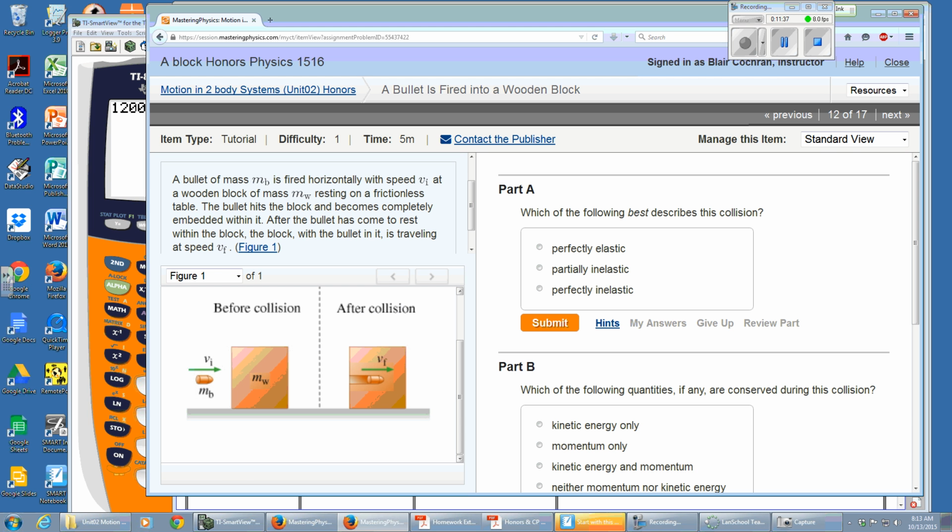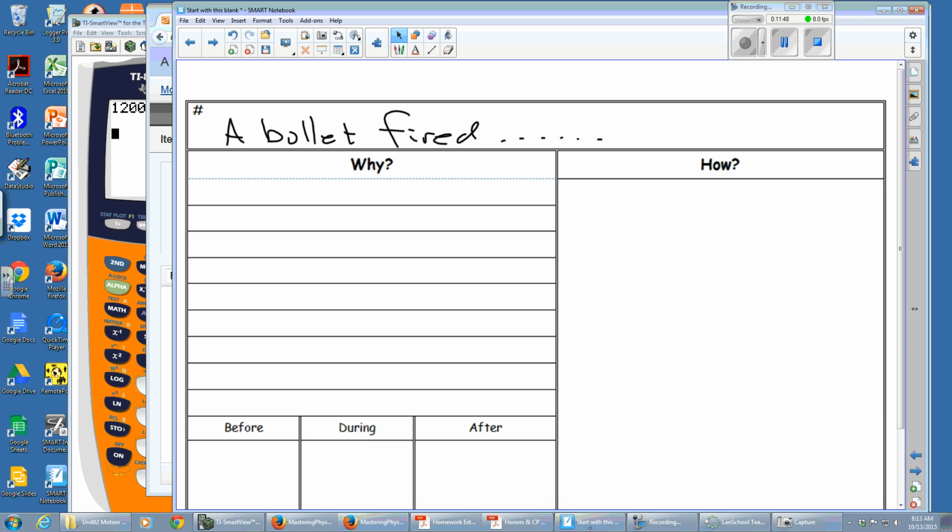And what type of diagram do we need? A momentum diagram. Some good things to note, like, what type of collision is this? Anybody? Inelastic.